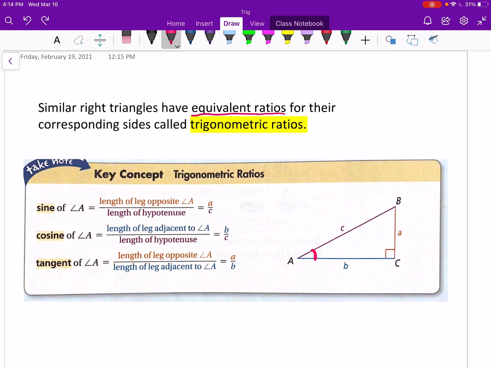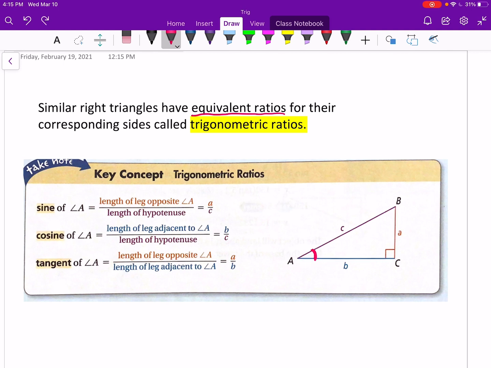The tangent of angle A is the ratio of the length of the leg opposite of A. So again, that's that side over here. It's the side across from A, over the length of the leg adjacent to A, which again is this side.